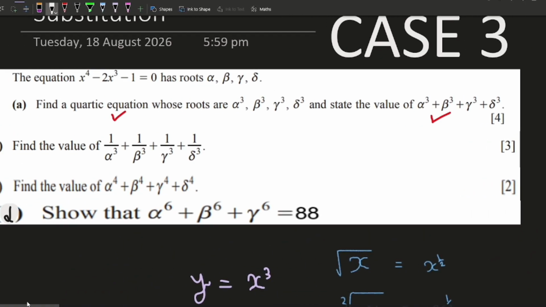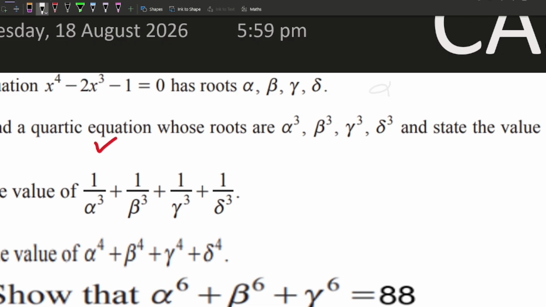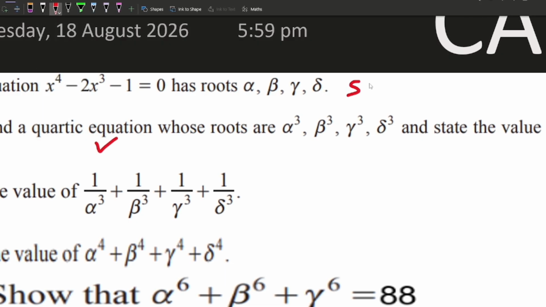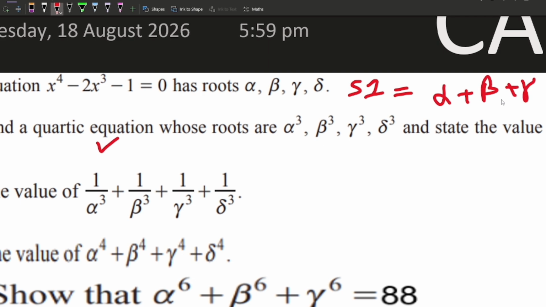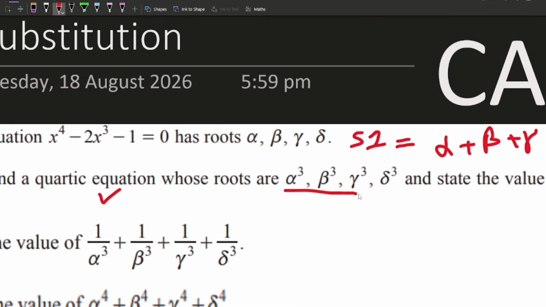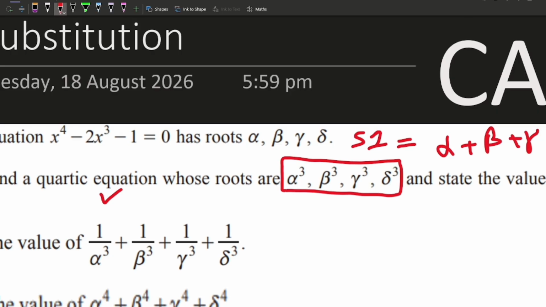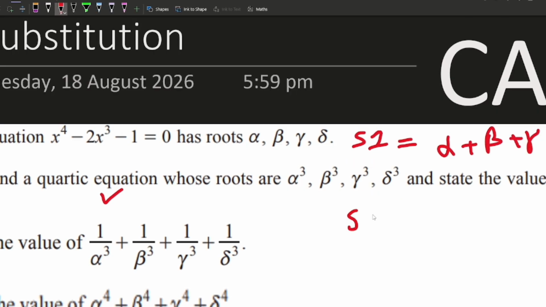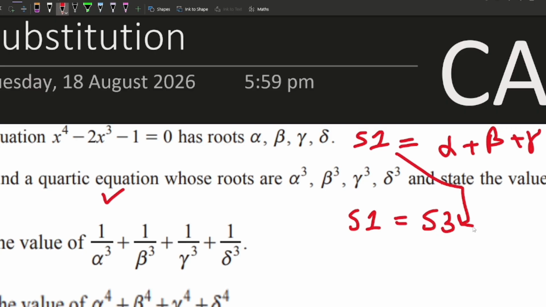For example, S1 of this equation is alpha plus beta plus gamma. Since the roots of our new equation are cubes, and we have found the equation on the basis of these roots where they are cubed, our new equation's S1 is equal to S3 of our original equation.